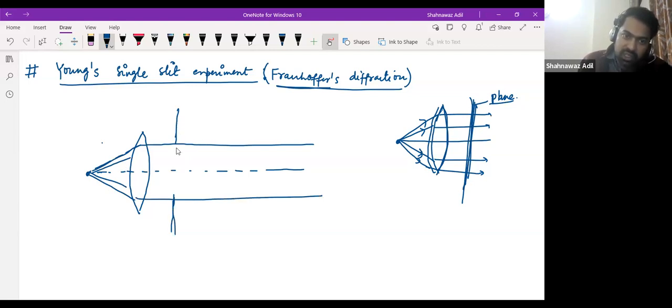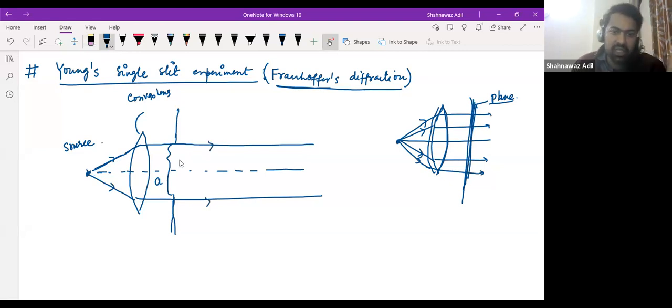This is the slit width a, this is the convex lens, and this is the source. Now you see how the rays are going.